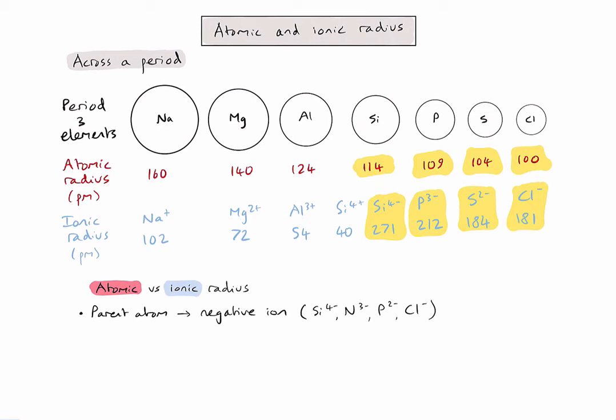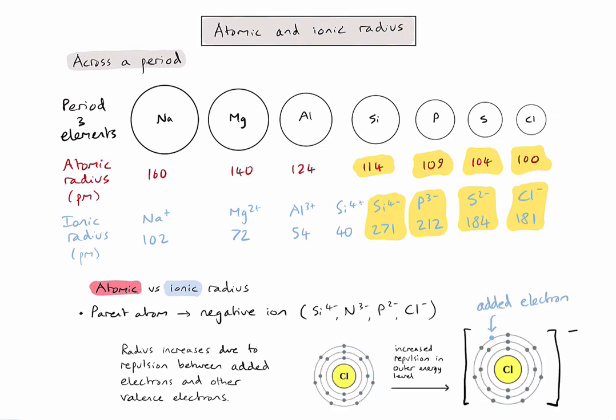And this has the effect of causing the energy level to expand. Therefore, the ionic radius will always increase for a negative ion. Here's an example using chlorine. Of course, the more electrons I add to that valence energy level, the more repulsion there will be between the electrons, and the larger the ionic radius will become.